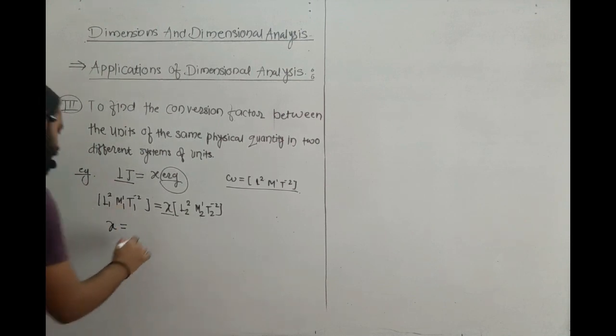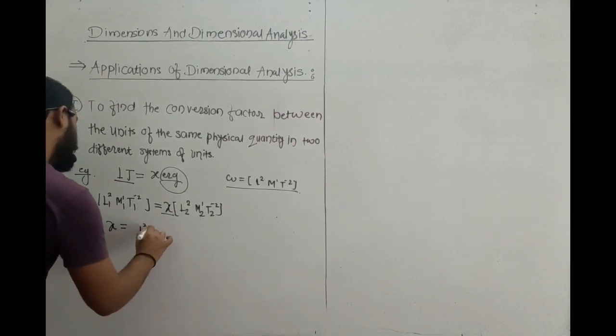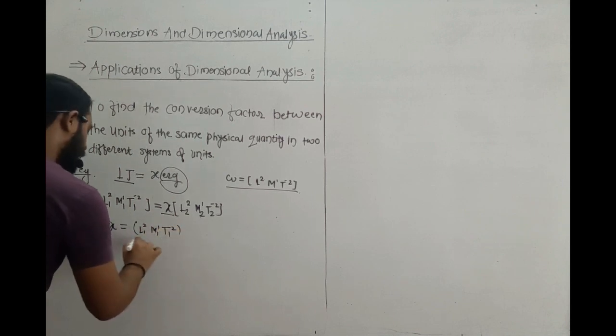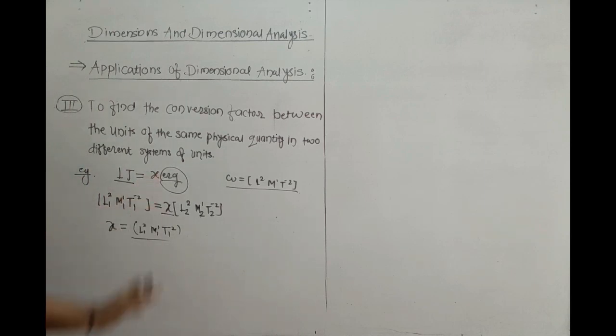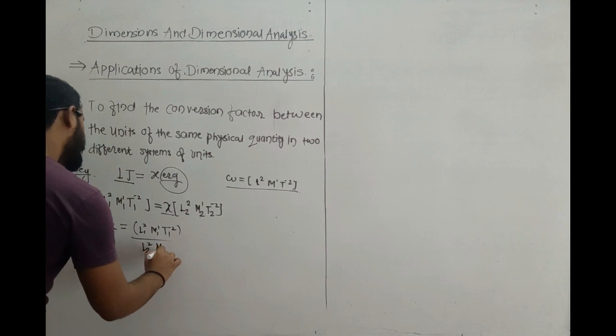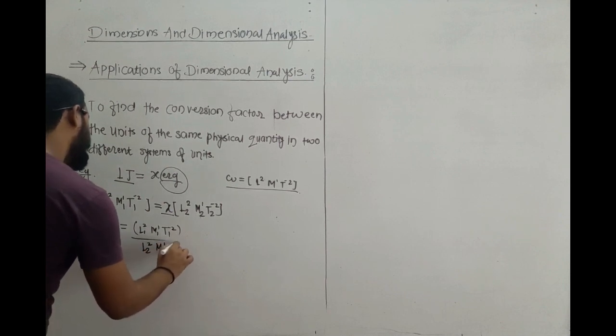Shift this: L1 square M1 1 T1 minus 2. Okay, now there is no need for the bracket. Okay, don't worry. See, L2 square M2 1 T2 minus 2.